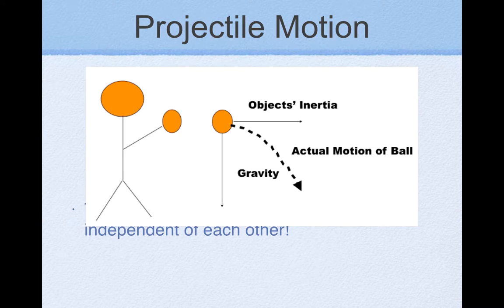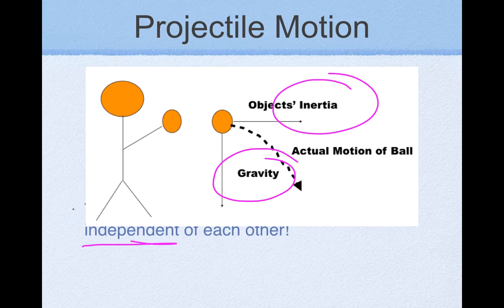So here's just a computer drawing of what I was just showing you. Key thing is inertia and gravity are completely independent of each other. Okay? If there was no gravity and I applied a horizontal force to this object, it would keep going.